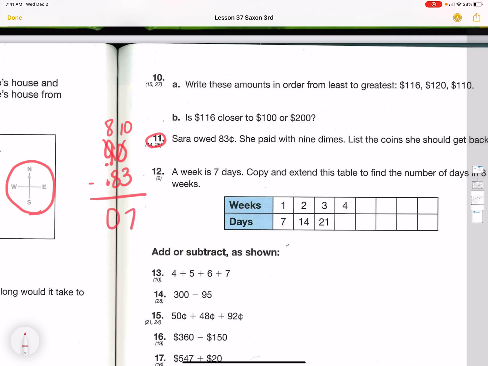And we get 7 cents. 7 cents is equal to what coins? She should get a nickel and 2 pennies. Remember, if I ever go too fast, you can pause, okay?